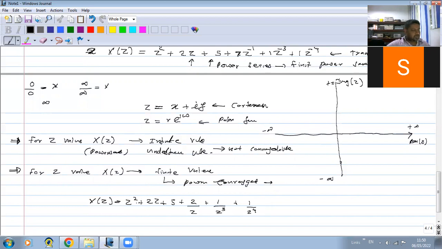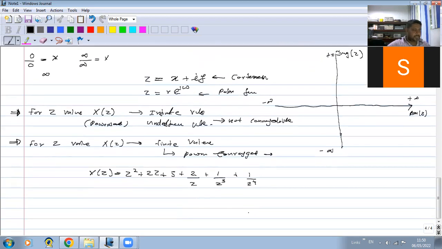So we have 1, 2, 3, 4, 5, 6, because one term is 0. So we have only 6 terms here. This is a finite power series.